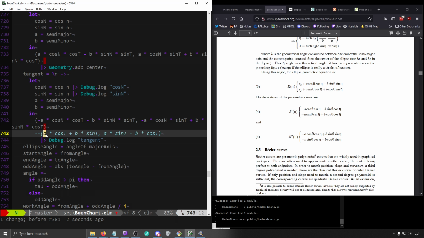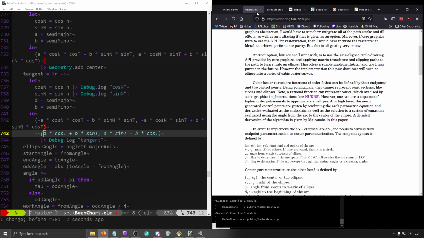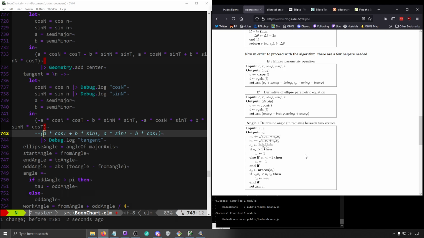A would be cos eta? And the eta factor switches to a sin here, which says that this is probably a transcription error. This should have been sin.